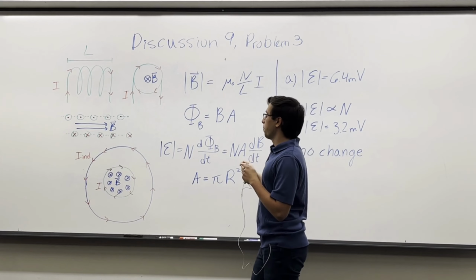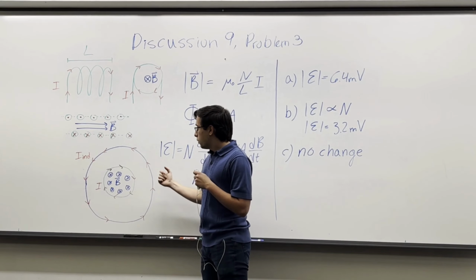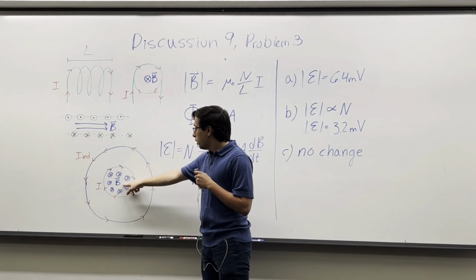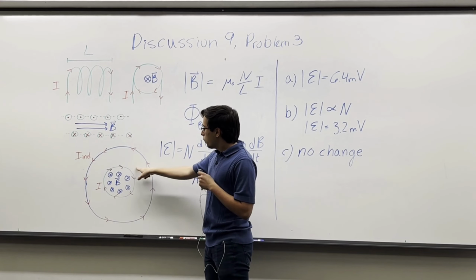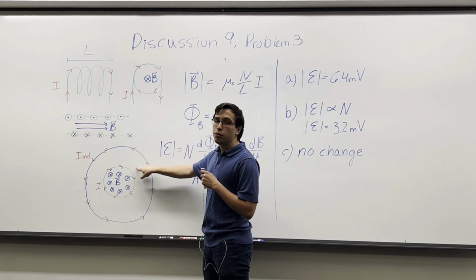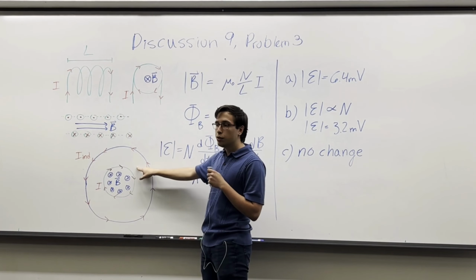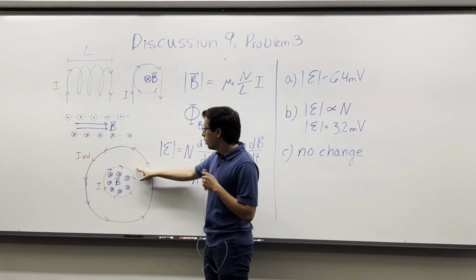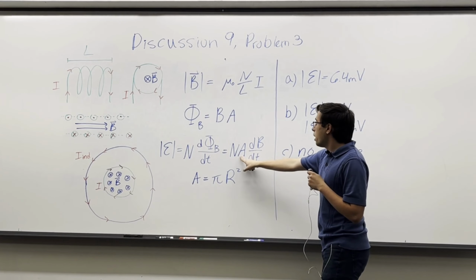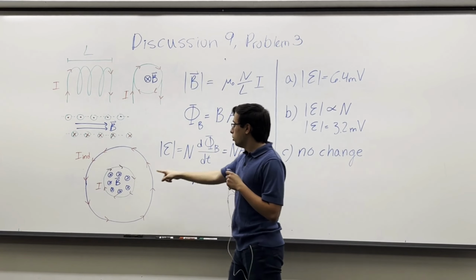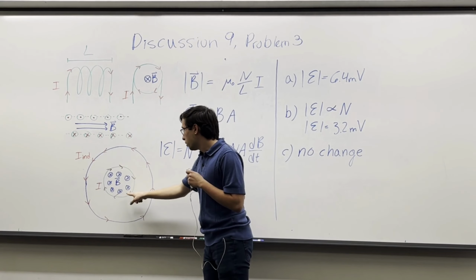But that's not quite the case because the B field only exists inside the green loop. Outside of the green loop, there is no B field. And so there's no changing B field, there's no changing flux. And so actually when we say A, what we're referring to is the area of the green circle.